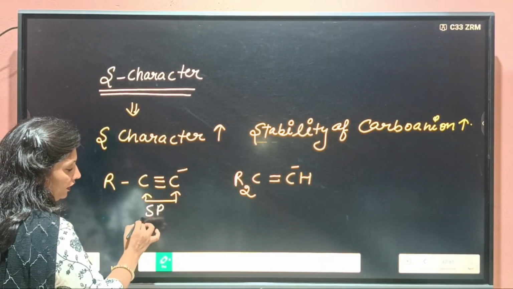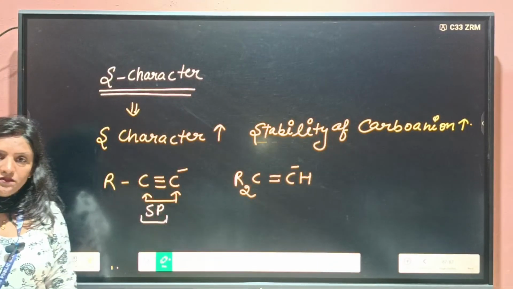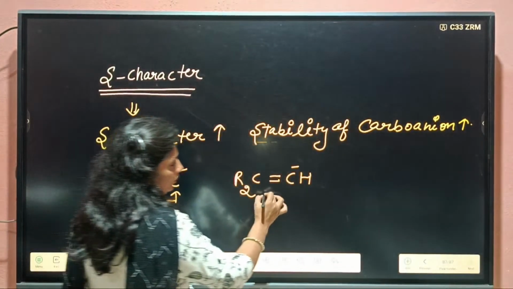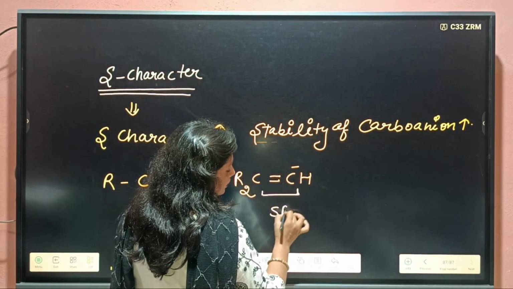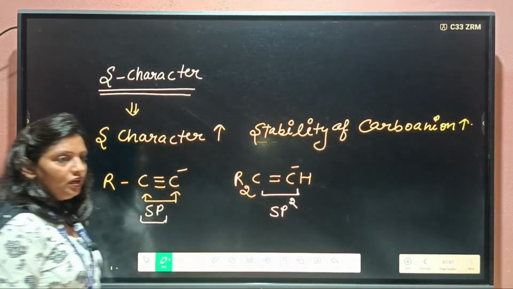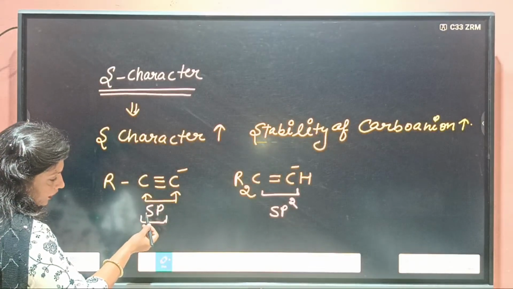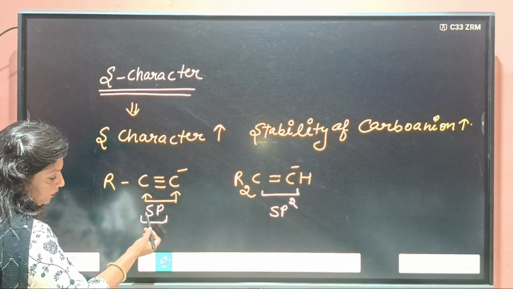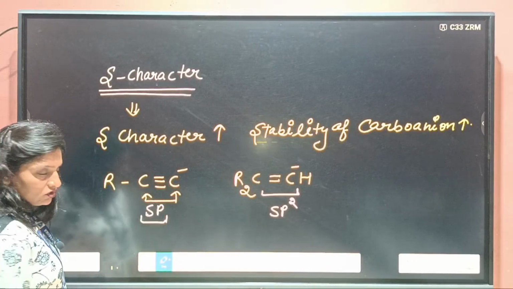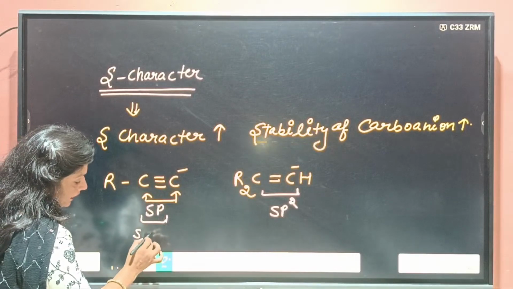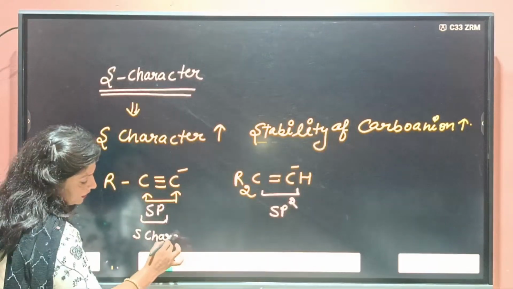For triple bond I already told you, sp, and for double bond it will be sp2. So you can see, if I take a total of 100, then 50 is S and 50 is P. So here the S character is 50%.